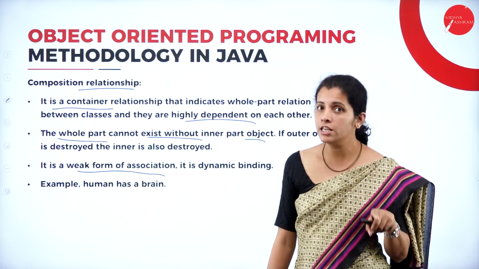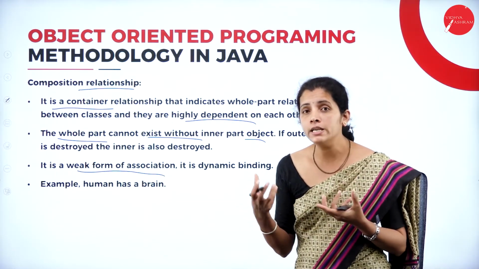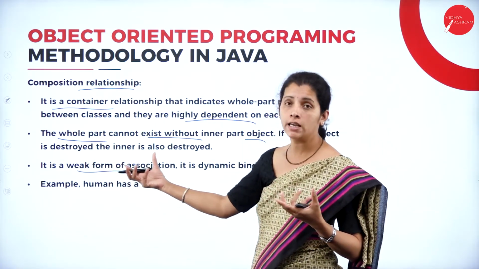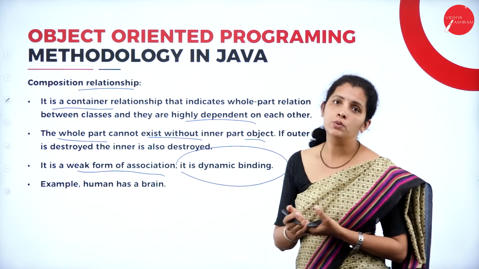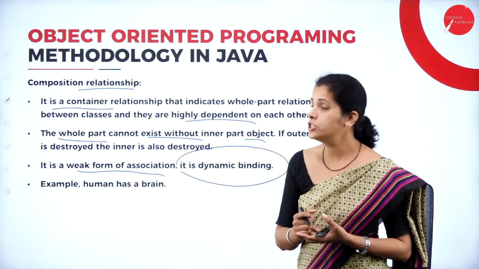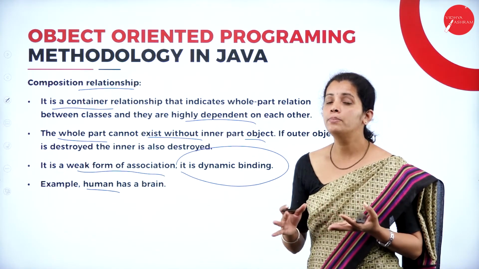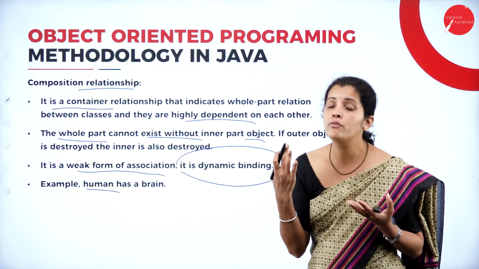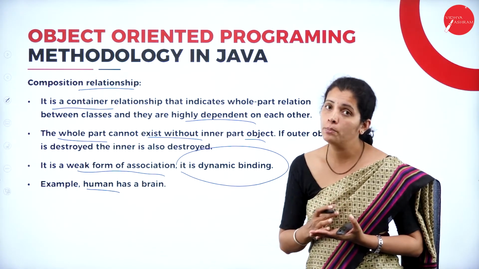So once again it is a relationship between the objects, and each object is dependent on the other, and this is the example for weak relationship, and it is going to happen only during dynamic binding or runtime execution. And an example, human has a brain. So without a brain, a human cannot think or perform any activity. Even a human being cannot make a decision.